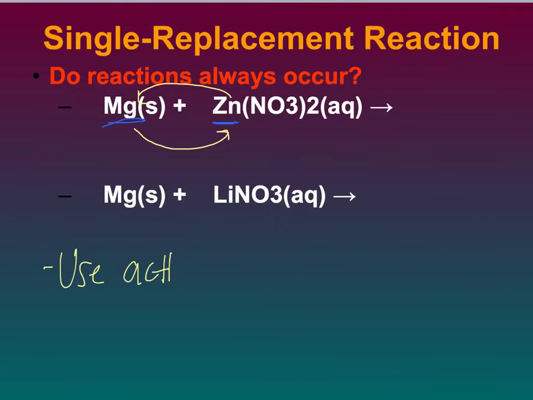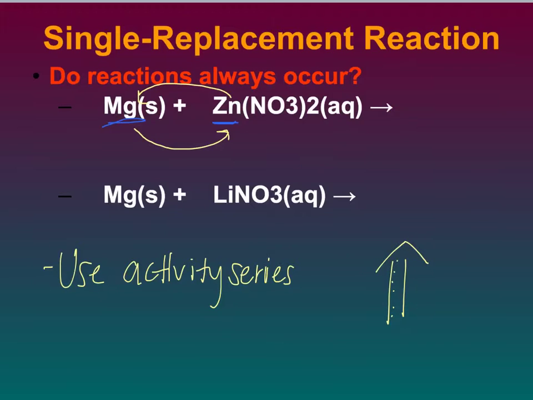And if you look on the back of your green periodic table, or if you have the reference sheet pulled up on your computer, the activity series is an arrow, I believe on the left side of the reference sheet, but it's an arrow that has a lot of elements listed.